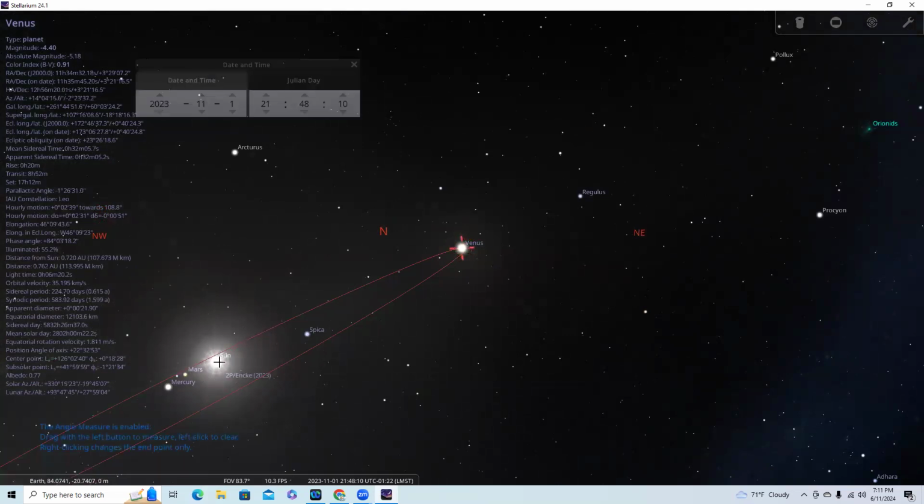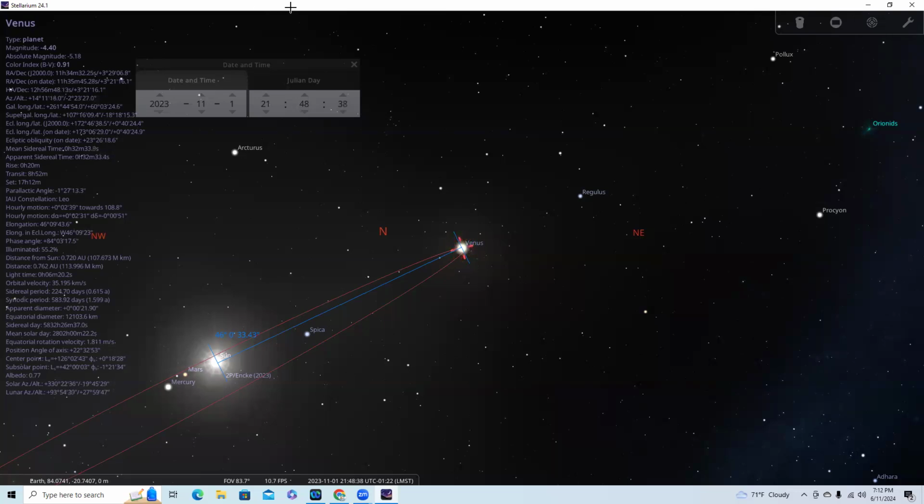So as I said before, the elongation is very close to the west elongation. Venus has a very low eccentricity. It has an elliptical orbit around the sun, but it's very circular-ish, just like for us, for the Earth. All right? So that's part one of the lab.